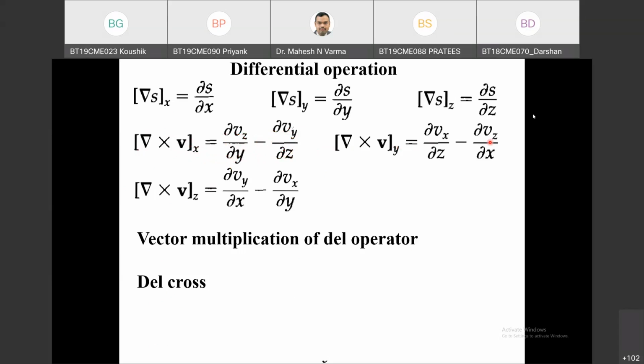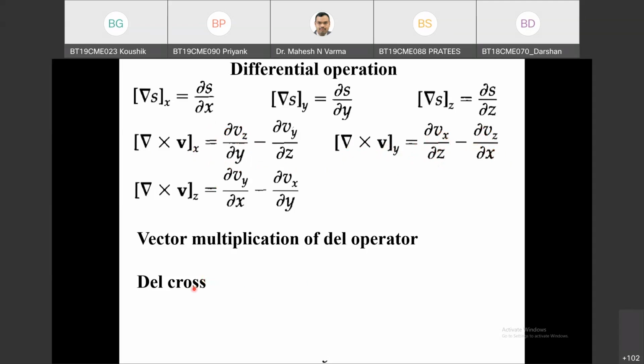Similarly, the same cycle is xyz. So this is del cross v, with y, z, x. The cycle is the same: x, y, z, then y, z, x, then z, x, y. So del cross v with respect to y will be equal to del by del z of vx minus the reverse of this, del by del x of vz.